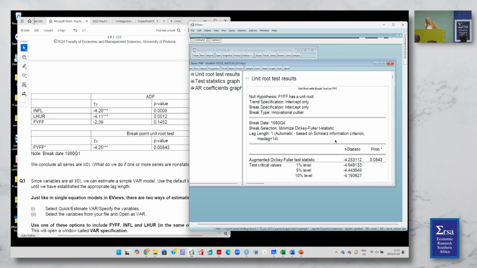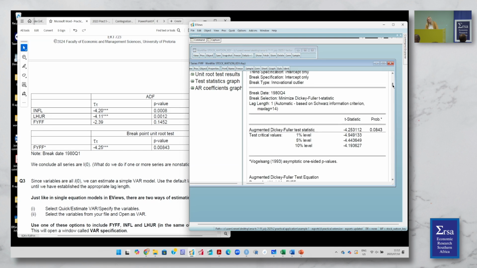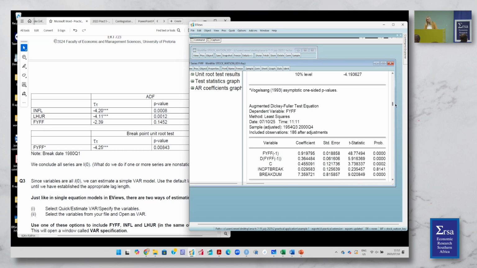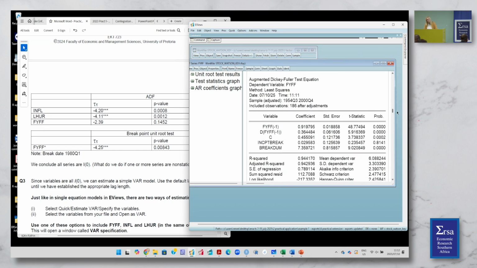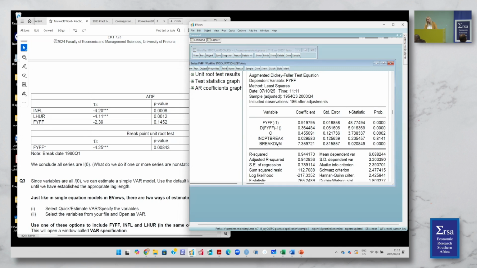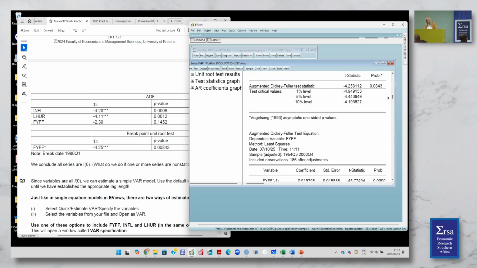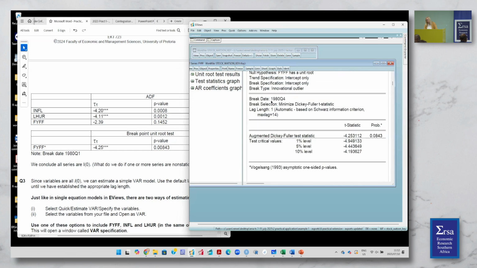We see that when we perform a unit root test allowing for a structural break, it picks up a break around 1980, and then it is stationary at the 10% level.